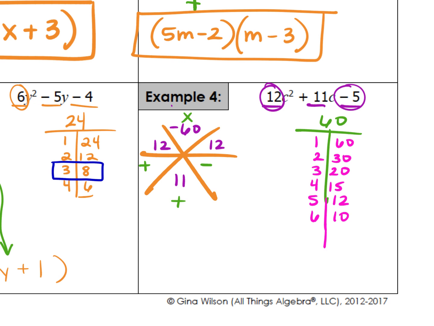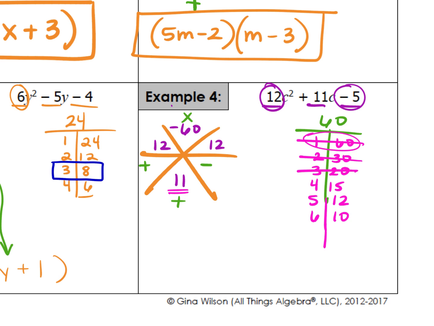We're trying to get to a positive 11. Anyone see it? Is it 1 and 60? Are those close enough to add or subtract to 11? No. 2 and 30? No. 28, 32, it's not going to happen. 3 and 20 to get to 11? No. 4 and 15?